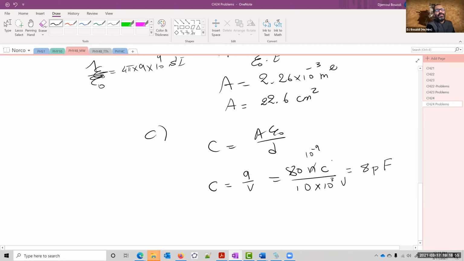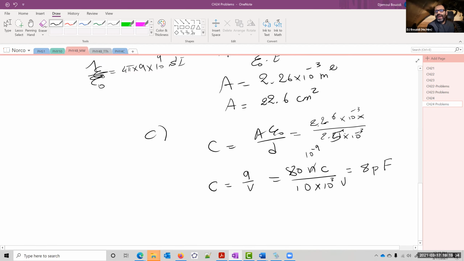Remember, the area is some number, 2.26 times 10 to the negative 3, times epsilon naught. Epsilon naught is the inverse of that number, divided by D, and D was 2.5, I'm sorry, millimeter. So this was 2.5 times 10 to the negative 3.